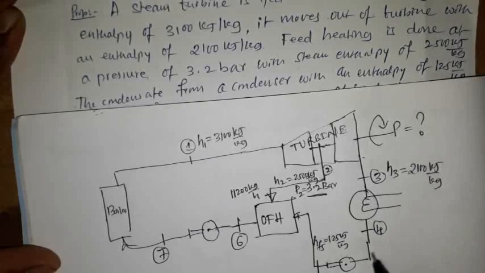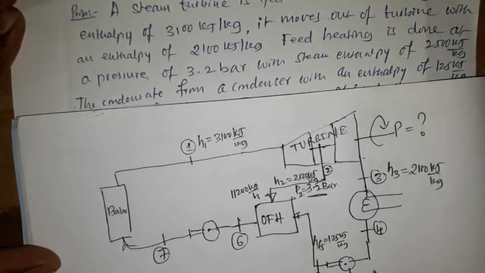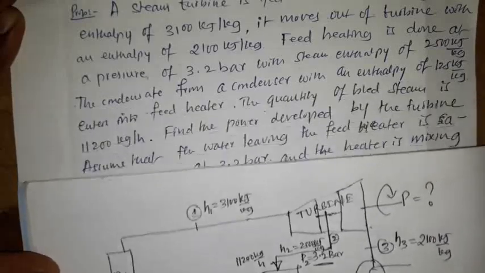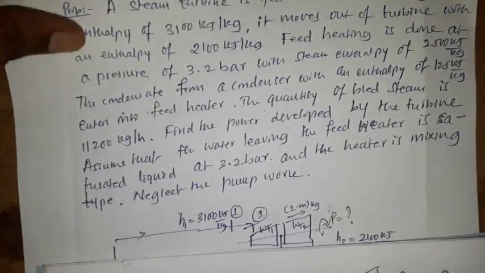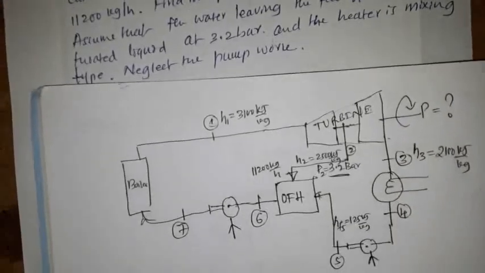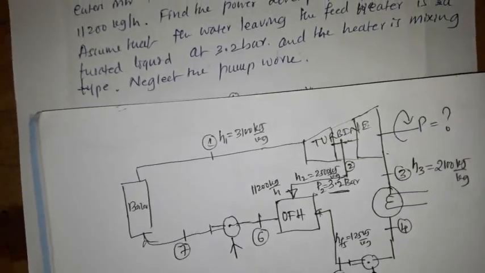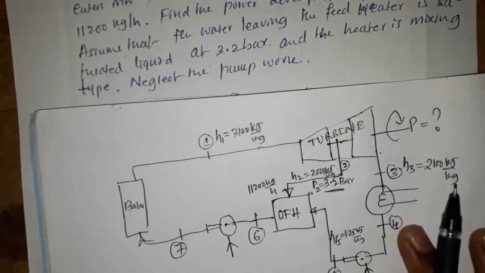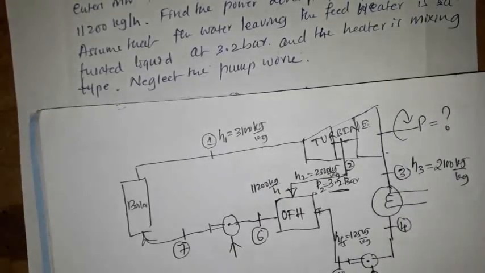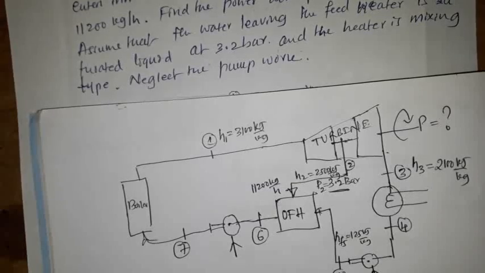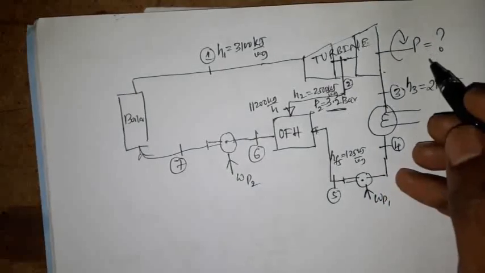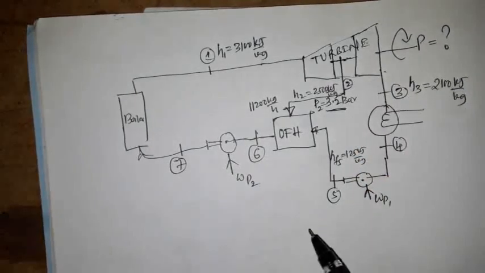So this is WP1 and this is WP2. He has asked us to neglect the pump work, and he has asked us to calculate the power from this turbine. So now we are supposed to calculate the power produced by this turbine.